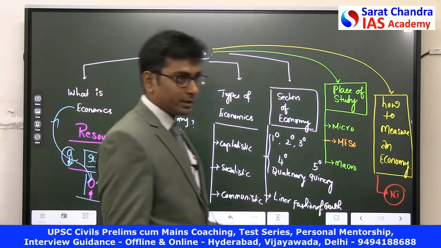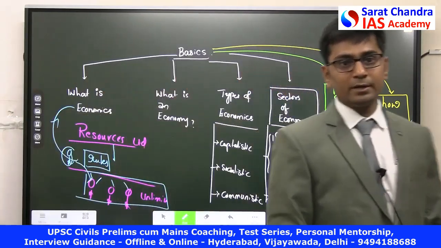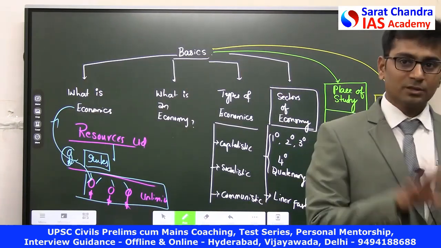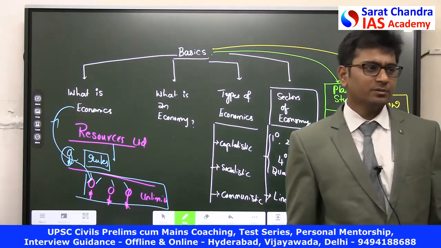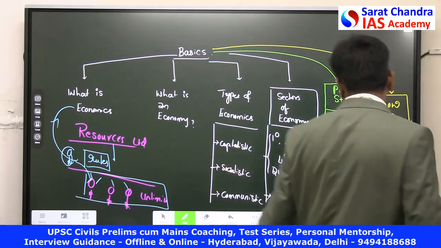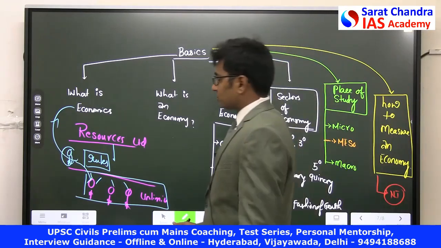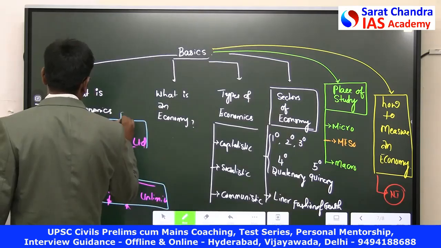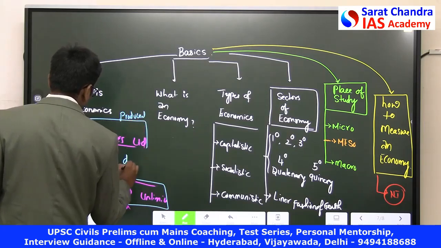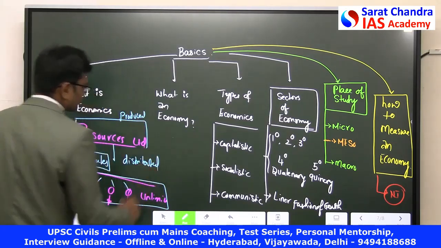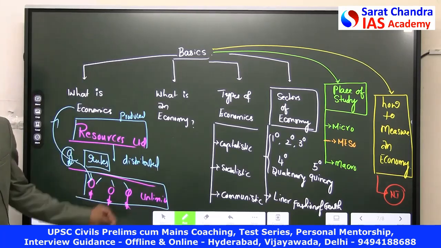Right? For example, if you are here, there are some rules: you should face the board, you should come at this point of time. So these are the rules of Sarat Chandra IAS Academy. Similarly, you will have that. So what are the rules? The rules determine how the resources have to be produced and how the resources have to be distributed.